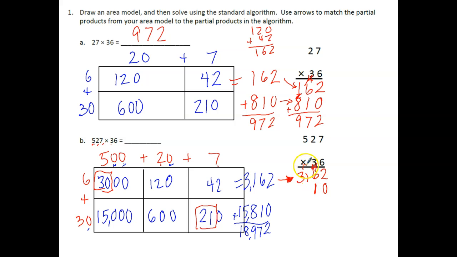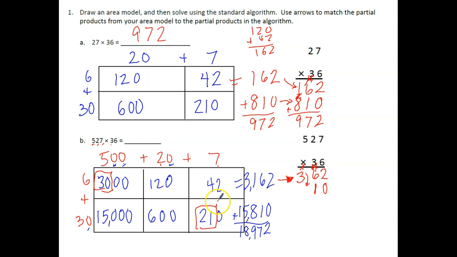I'm going to have to regroup and rename my 20 tens as 200s. It's my 2 in my hundreds place. So my 21 tens is 210.